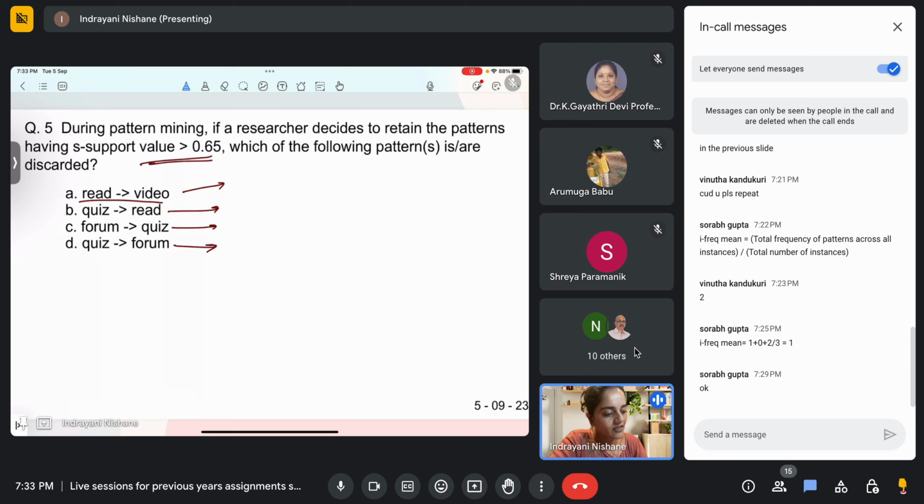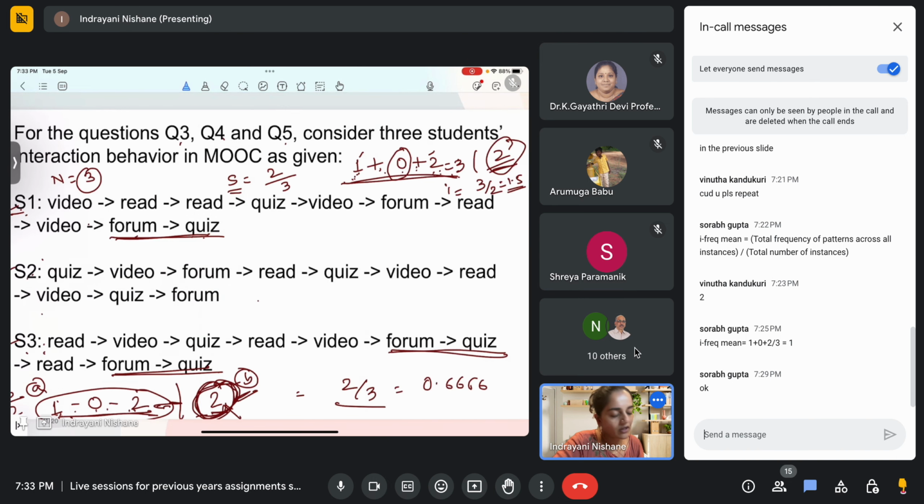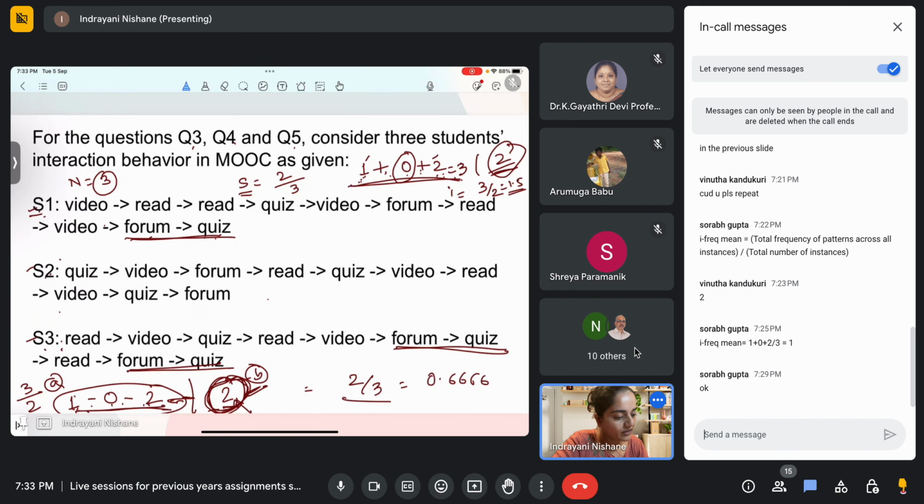First is read to video. Let's go to this page and observe the read to video transitions, how many times read to video is happening. Read to video once for S1, once for S2, and twice for S3.